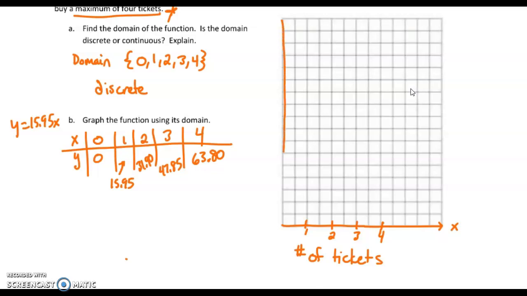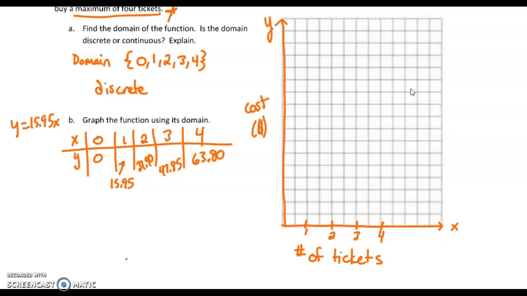All right, which once again, be patient with my lines. So this is y, we're going to label it. That was the cost, and that was in dollars. Okay, so now we need to go all the way from 0 up to $63.80. So we don't want to have the graph all scrunched down on the corner. We want to use as much of the graph paper they provided as possible.